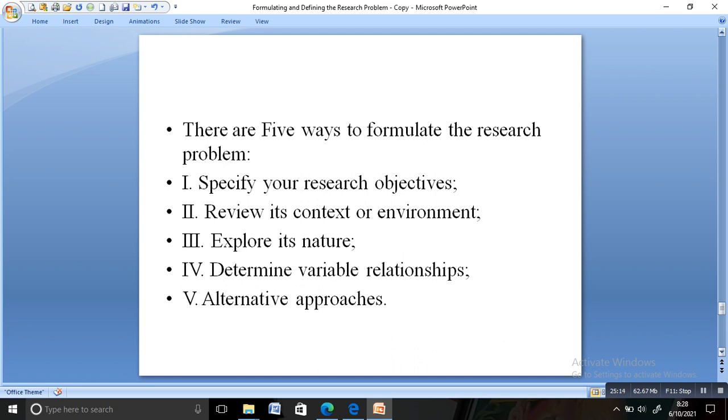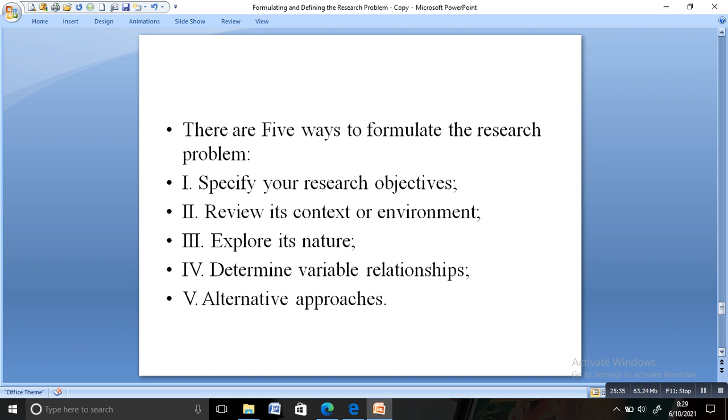If I cannot do it like this, whether I can go for animal experiments, the alternate approaches. So in formulating the research problem, you should think of your objectives, review the context, explore the nature, determine the variables, and also alternate approaches.